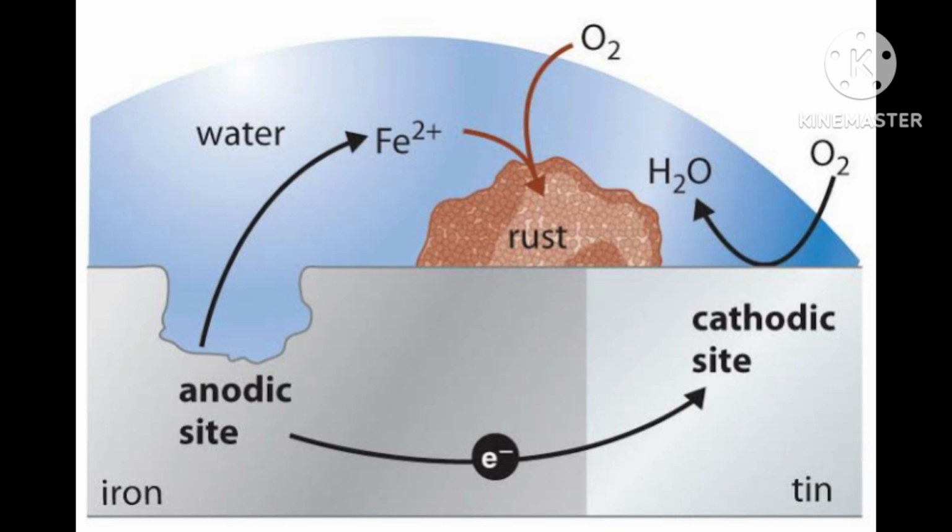In this process, when H+ converts to H2O in presence of oxygen, the potential will be plus 1.23 volt.